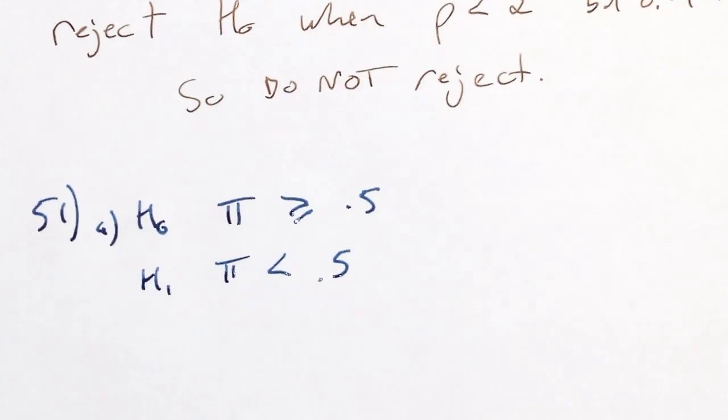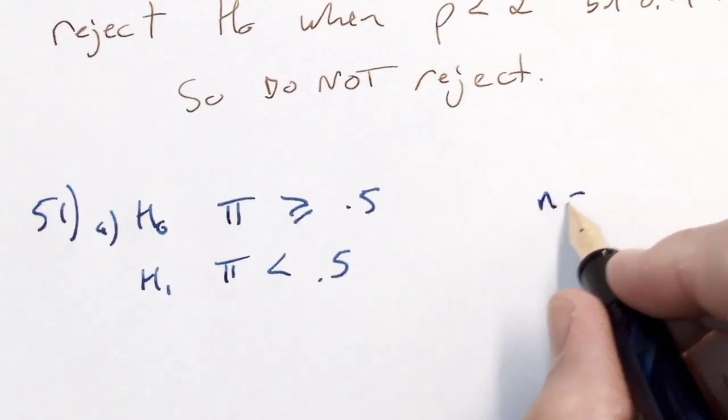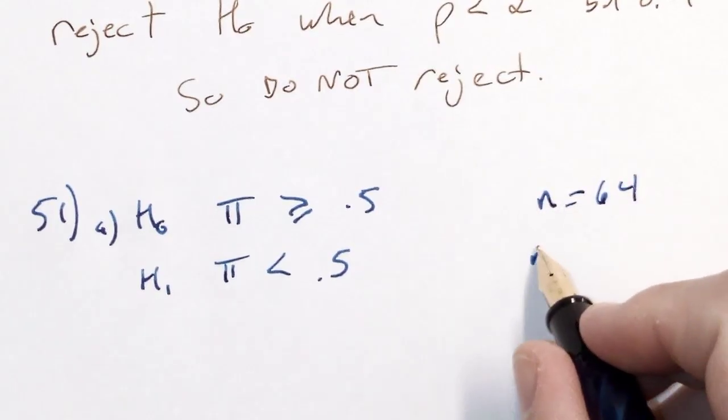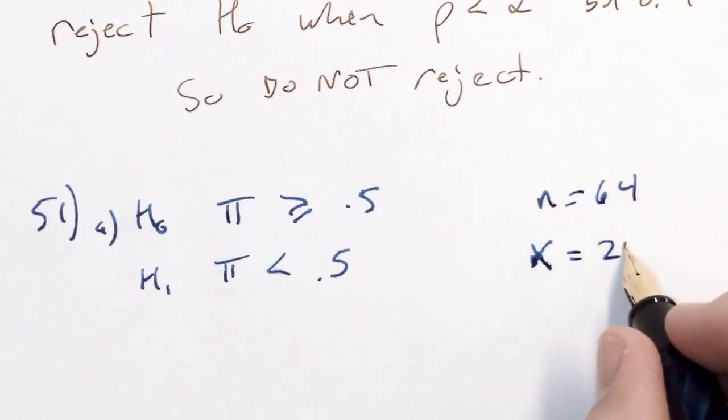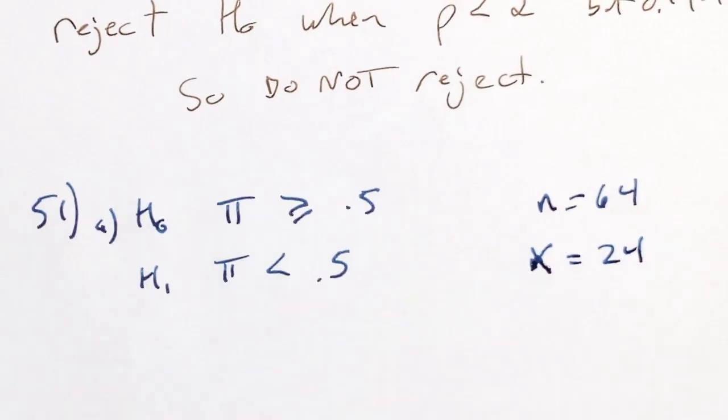Now we had 64 calls and we had 24 of them that were finished in under 2 minutes. Based on this, are we doing a one tail or a two tail?